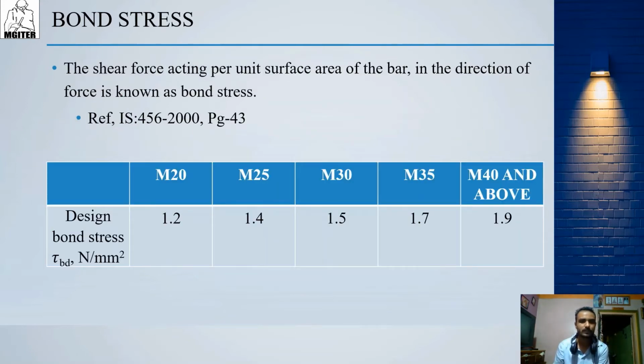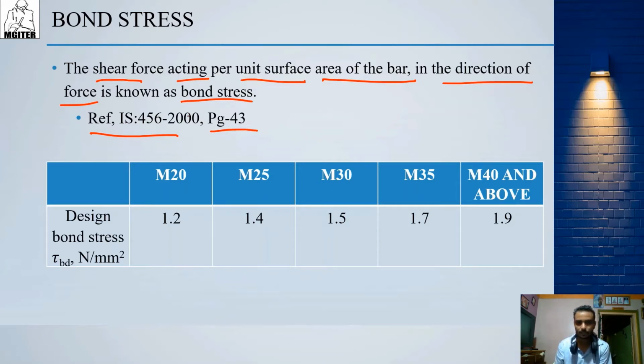These are some bond stresses which are given in IS 456-2000, page number 43. Bond stress definition is the shear force acting per unit surface area of the bar in the direction of force.